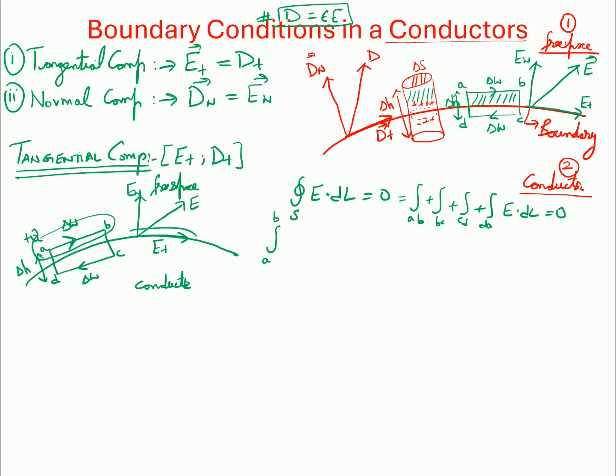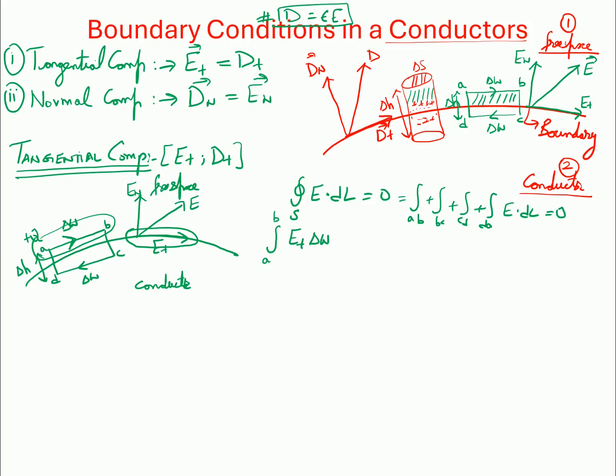We can see that E of t is parallel to A to B, because we are moving in this direction. So we can write it as E of t when we are moving from A to B, as it is parallel. Then what is dl? Now dl is basically going to be your width, it is going to be delta W. So this is the incremental length that we have covered from A to B. So this is the first solution. Now let us go for the second part.